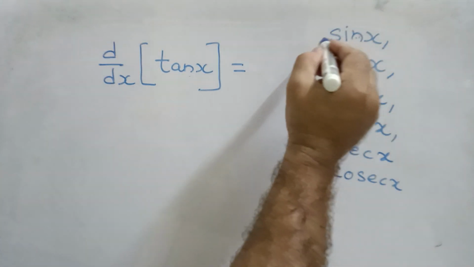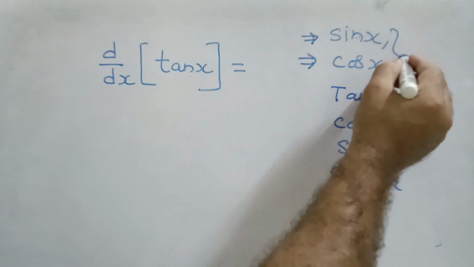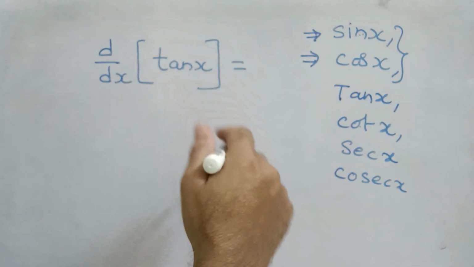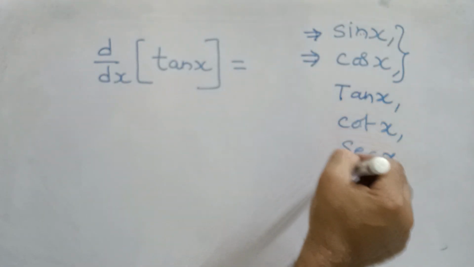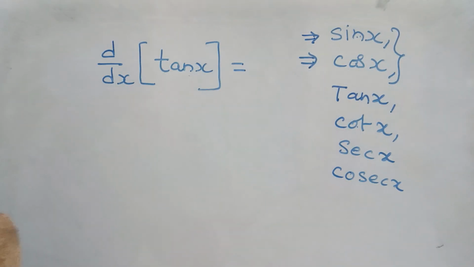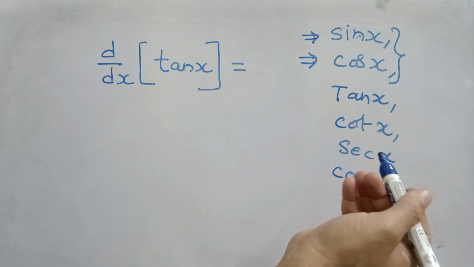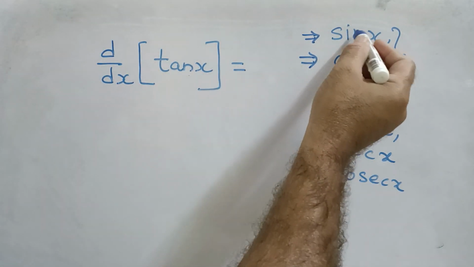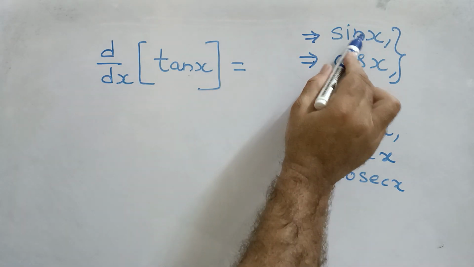If you know sin x as well as cos x, we can make wonders or magic with these two. The remaining four functions will be defined using these two. How? Tan x is nothing but sin x by cos x.